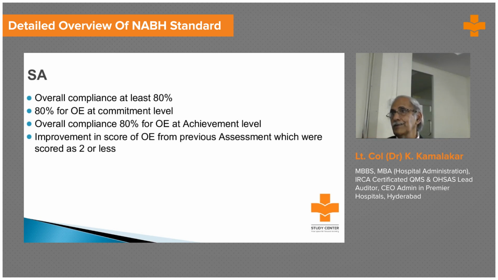See, suppose out of the 651, the organization has had about 25 objective elements where the score was 2 or less. For all those objective elements, the score should now have gone to 2 to 3. Now, don't ask me what happens for others. If they drop down from 3 to 2, then you have to ask an explanation why it has dropped. Or the organization itself should have worked out by then as to what they should do about it.